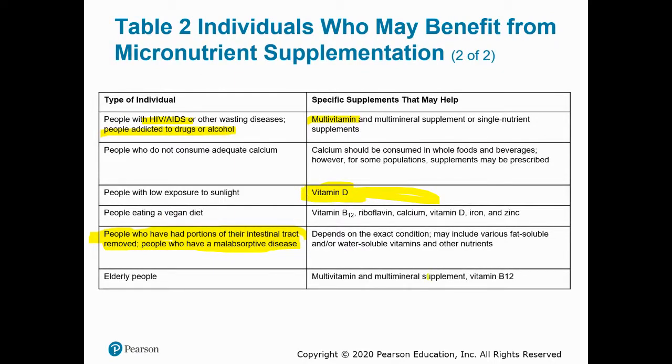Vitamin D, this is a big one in our part of the world: supplementing vitamin D during the winter months when we have low sunlight exposure. Elderly folks may also consider a multivitamin supplement, especially B12. And then following a vegan diet. Again, this is kind of person specific, but I would say zinc can be a good one.